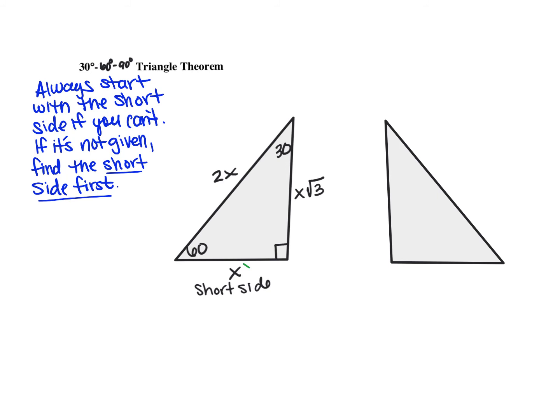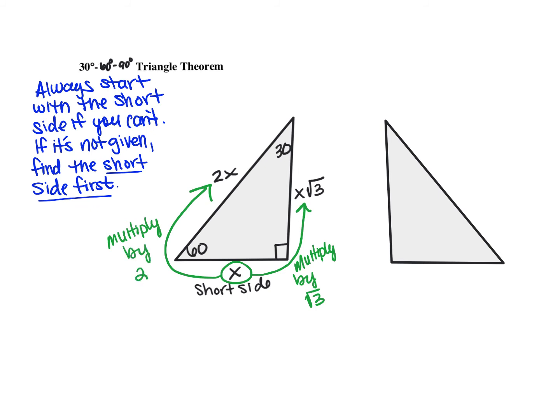If you're given the short side and you want to find the other leg, you would just multiply by the square root of 3. So notice you have an x and then an x root 3, so you just multiply x by root 3. If you want to go from the short side to find the hypotenuse, you would multiply by 2.